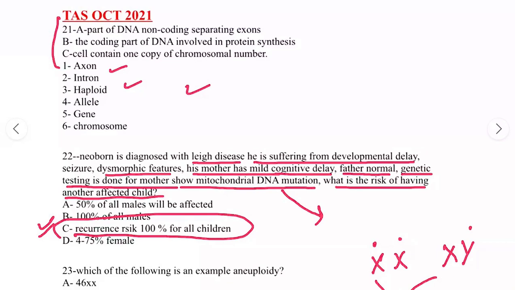Which one of the following is an example of aneuploidy? I told you the examples of aneuploidy. Aneuploidy means an abnormal number of chromosomes, like 47 XYY.